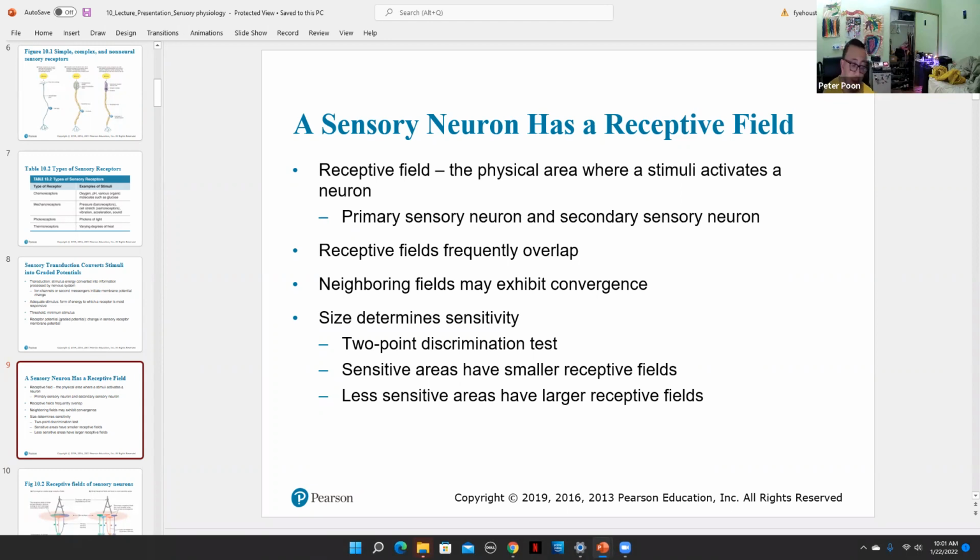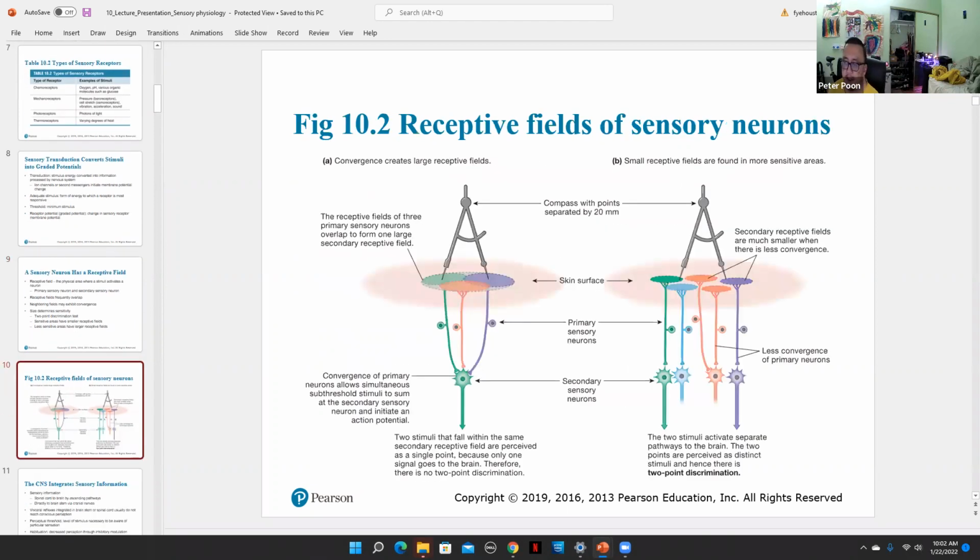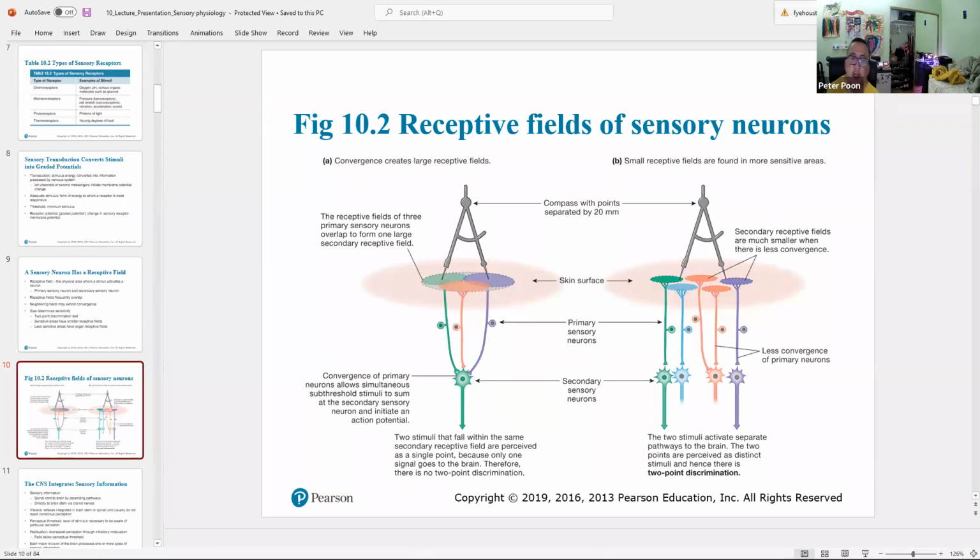The best way to demonstrate receptive fields is something called a two-point discrimination test. What you do is you have 2 points. If I put these 2 points in different locations, I sense them as 2 points.